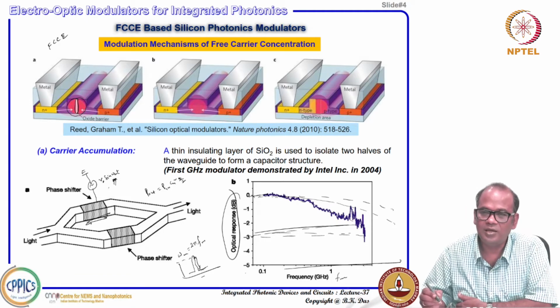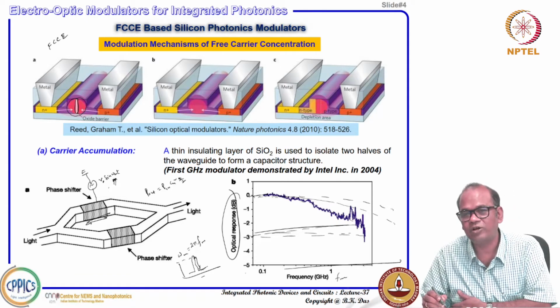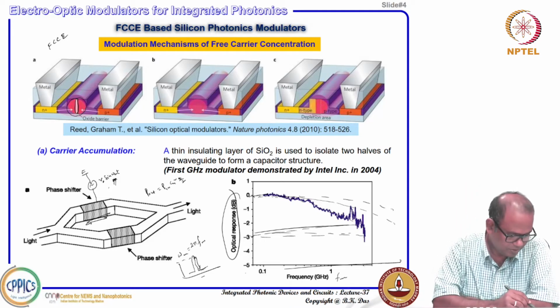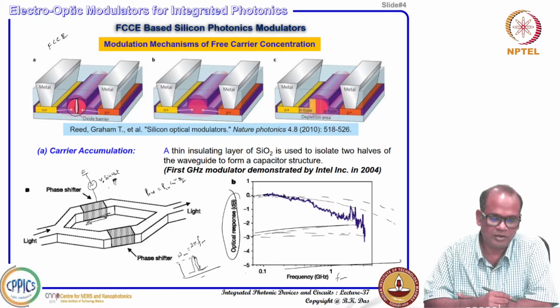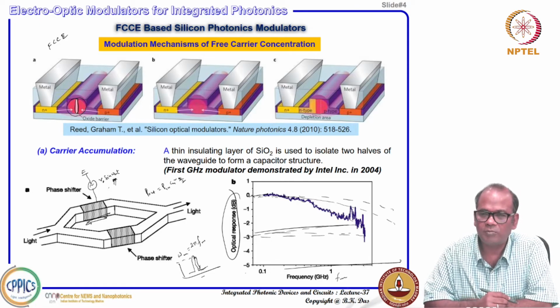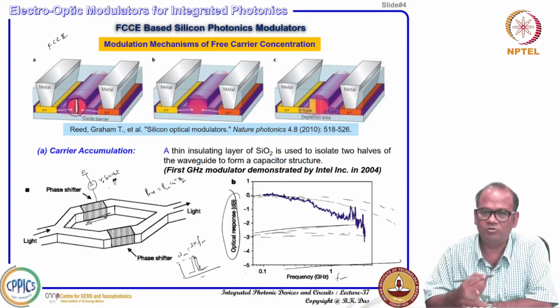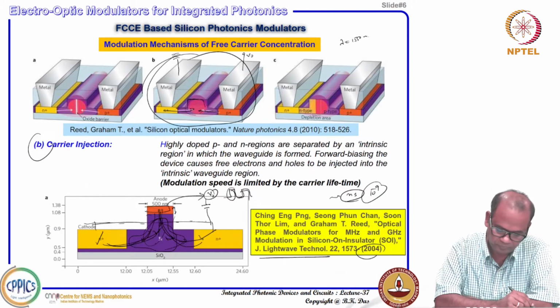When bandwidth is high, you can send your data at a faster rate. You can use different types of modulation format, but after all your ultimate speed depends on the bandwidth of your modulator.